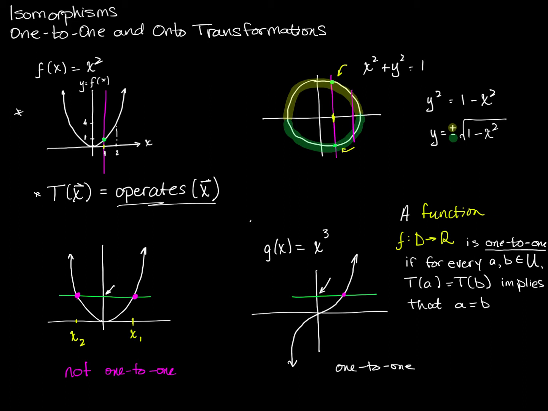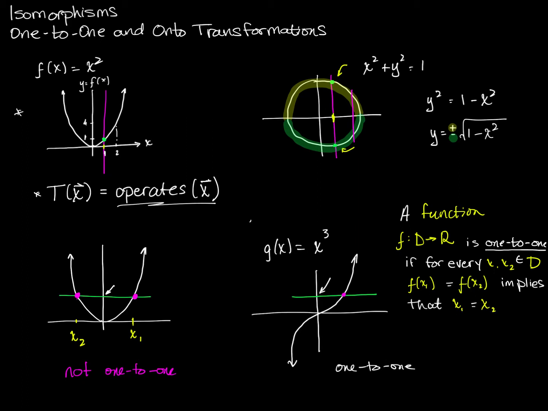We say that that's one-to-one if for every x1 and x2 that lives in the domain, if the outputs f of x1 and f of x2 are equal, then x1 must equal x2.